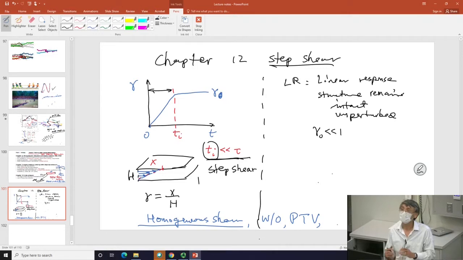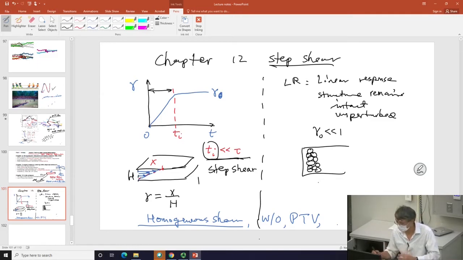But if you have a highly filled polymer, then 1% may already be nonlinear because you have fillers that are jammed up so tightly that 1% would already start to destroy the structure formed by the filler. So it's a relative term, this limit of what is the linear response is relative.